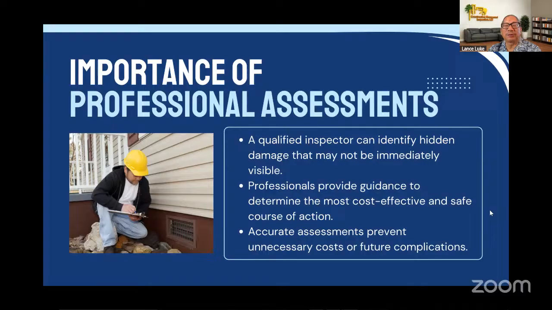Now, here's a heads up. You're going to depend on your insurance company, but what happens if your insurance company says, we're only going to cover these items and we're not covering the rest? Or when it comes to cleanup or even reconstruction, they're not covering everything that needs to be covered, right? Then what do you do?